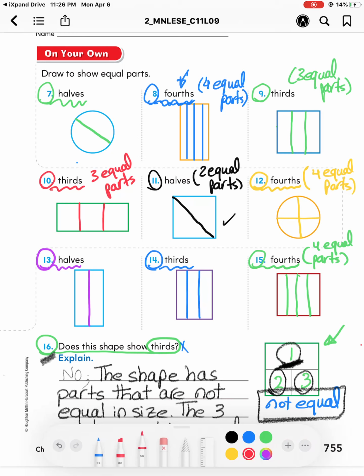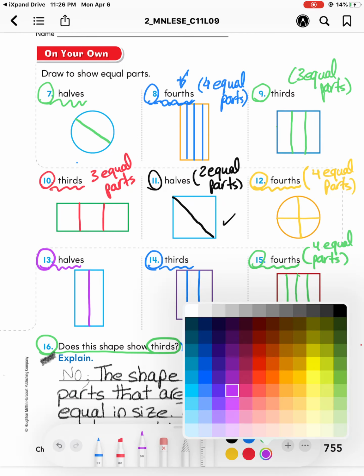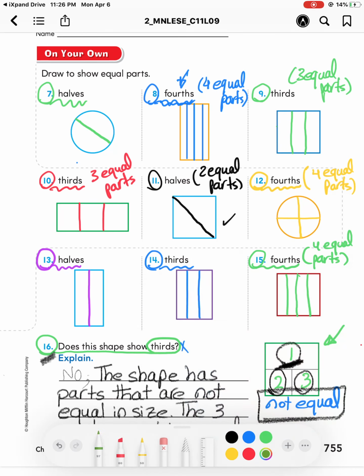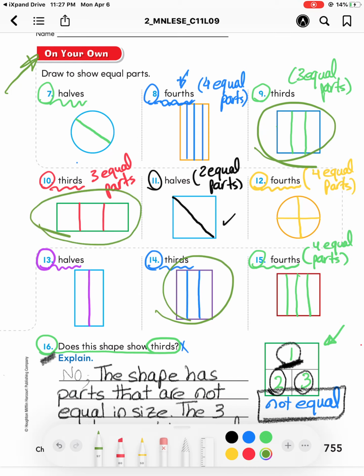But look here for the previous part. Okay, here in the on your own question, as you can see, this is thirds and this one too, because they are divided into 3 equal parts, and this is the same. But here in this square, we can't call those parts thirds because they are not equal.